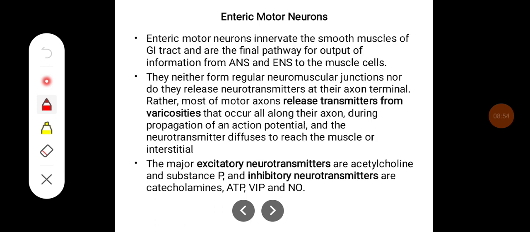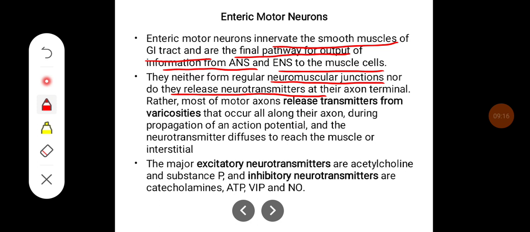Enteric motor neurons innervate the smooth muscles of GI tract and are the final pathway for output of the information from ANS and enteric nervous system to the muscle cells. They neither form a regular neuromuscular junction nor do they release neurotransmitter at their axon terminal.